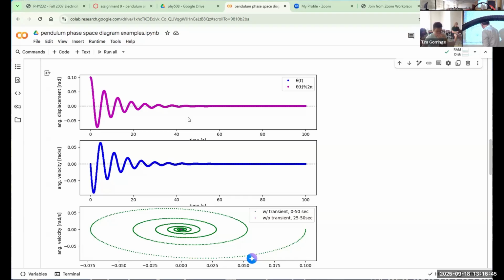On the phase space plot, again, I'm covering up, but this horizontal axis is theta, the angular position, vertical axis is omega, the angular velocity. We are starting the pendulum at that point over here on the far right on the plot. This is theta naught equals 0.1 radians, omega naught equals 0.